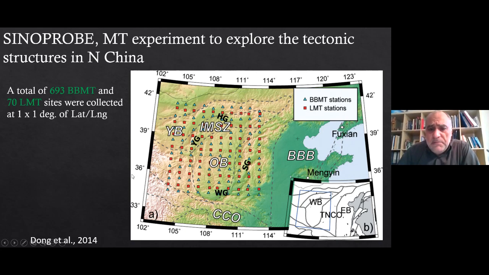It is also a semi-continental scale, and there are some results published early by Haodong et al. in 2014. Here I'm showing some of the results obtained in this study.